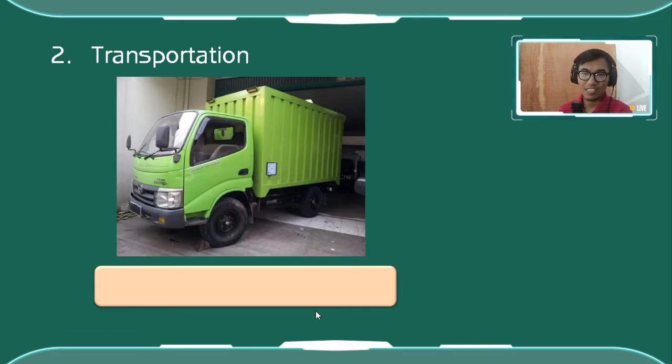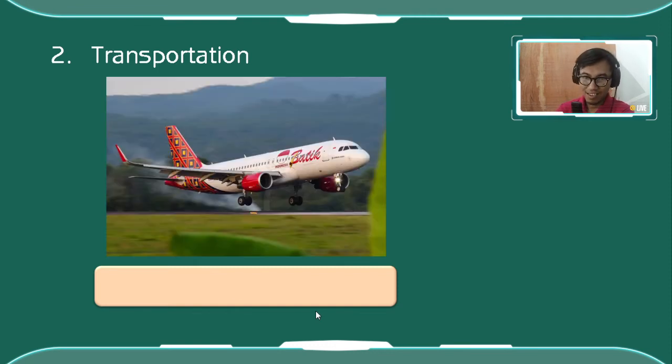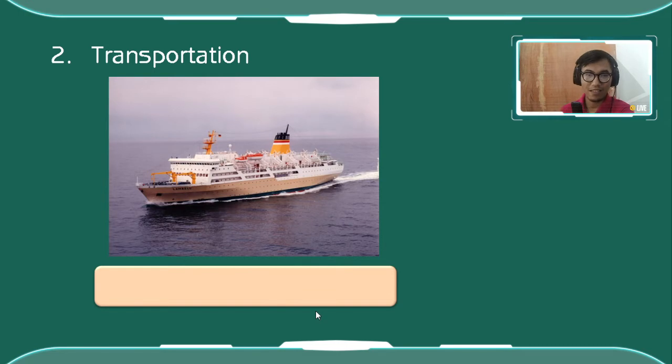Next picture is, it's a truck. Okay. And this one, it's a plane, or airplane. How about this one? It's a ship.